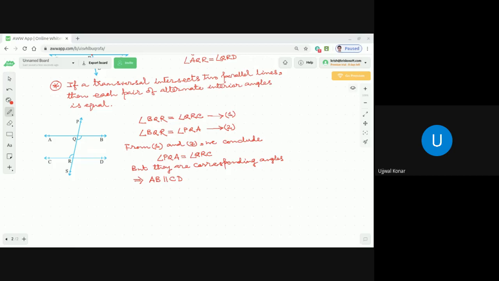Now, based on whatever I have derived, we can state this derivation by means of a theorem. And what is that, dear students? It is that if a transversal intersects two lines such that a pair of alternate interior angles is equal, then the two lines are parallel. Correct or not? So let me write it down.